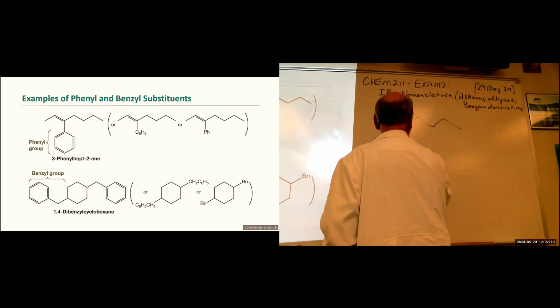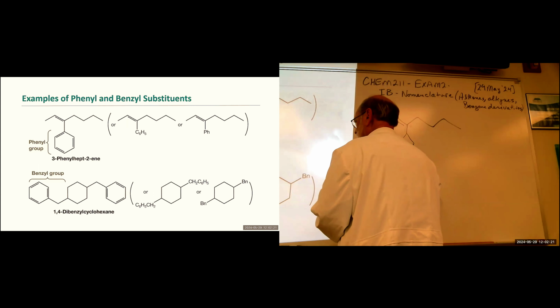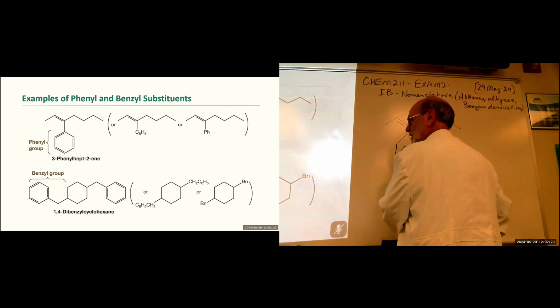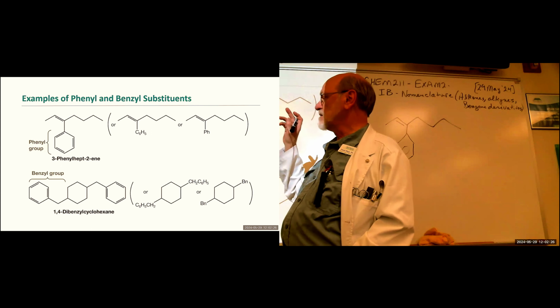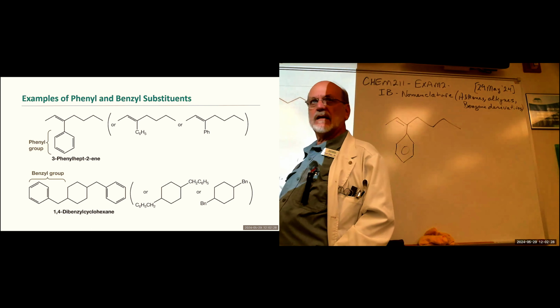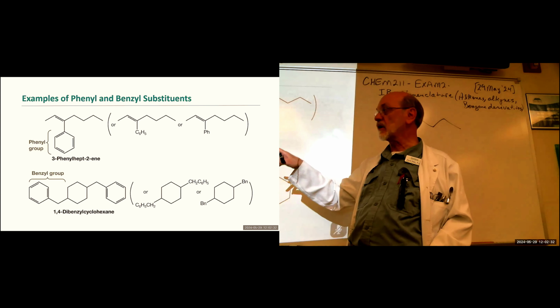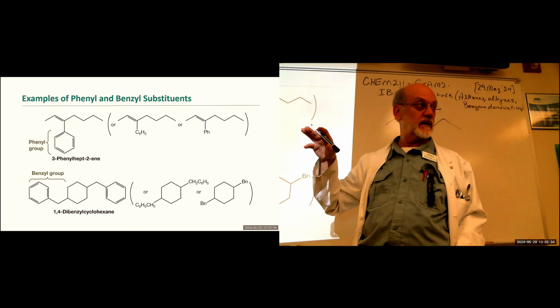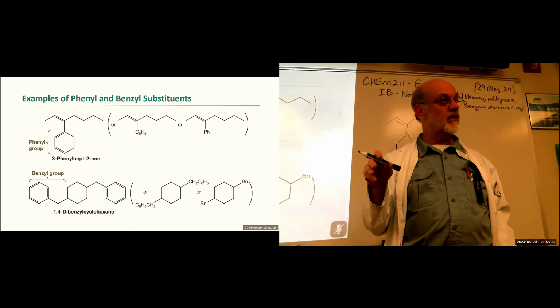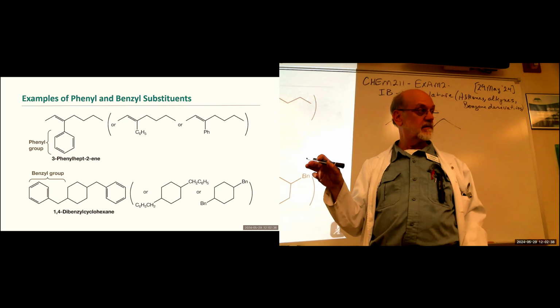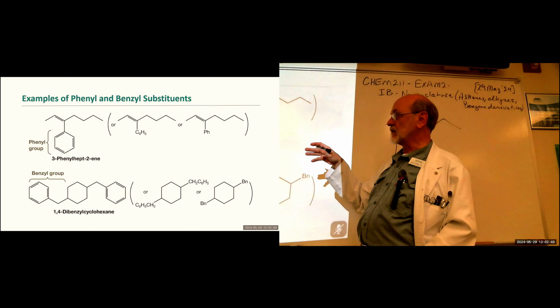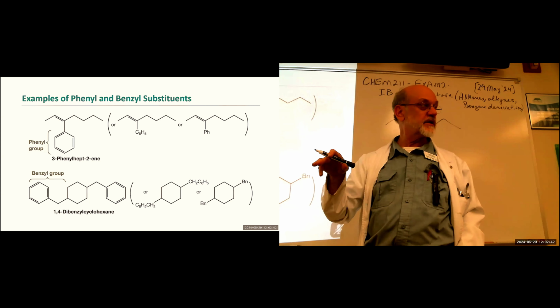So what I'm assuming from the way they're naming this is that the ene takes priority. Even though there's a ring structure, the ene is priority. So we find the longest chain that has the ene in it. And that means that the phenyl becomes a substituent group.